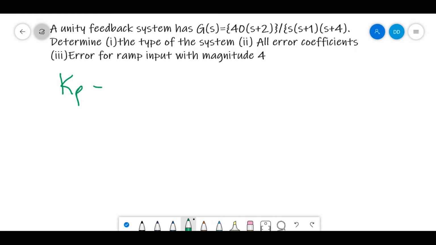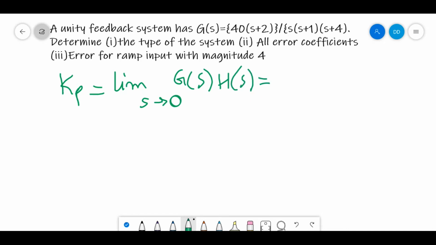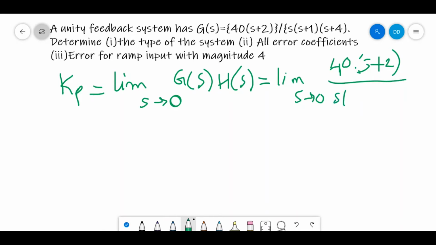Kp is given by the limit as S tends to 0 of G of S into H of S. So we consider the limit S tending to 0 of 40 into S plus 2 divided by S into S plus 1 into S plus 4.